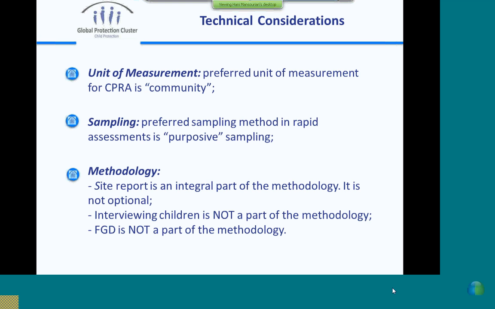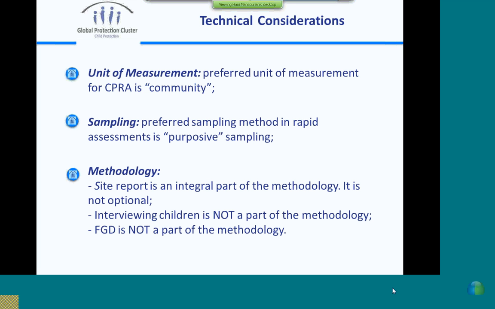If there's a child, we talk to a child, ask some questions. There's a woman, there's a man, there's a community leader. We don't really think about how to select the site, how to select that key informant. We just do it on an ad hoc basis, and that's a way of doing it. We believe that it's only appropriate in the first couple of days after an emergency to get a very, very general and rough sense of the situation.